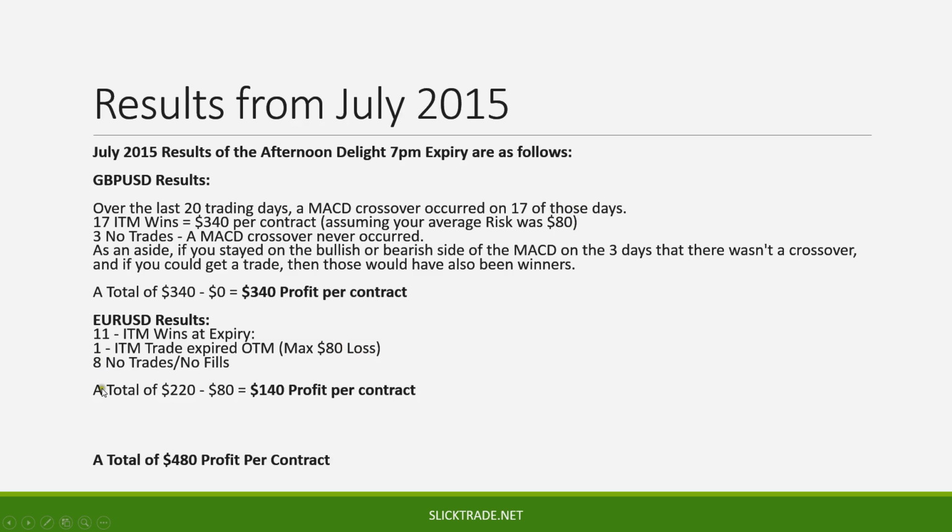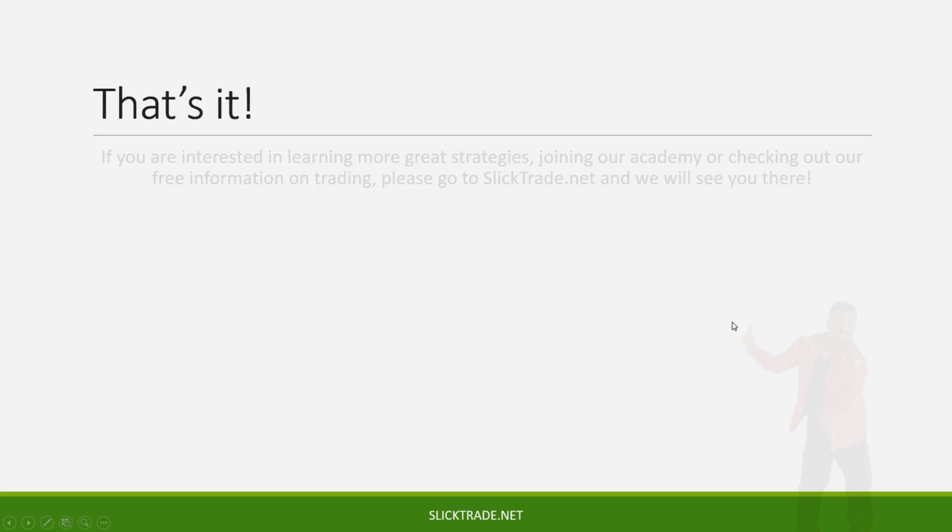So there was a total of $220 profit minus an $80 loss. So the EU brought in $140 profit per contract. Between those two, it was a total of $480 profit per contract, and that's on the low end. That's if you risk 80 to make 20. So just some examples there.